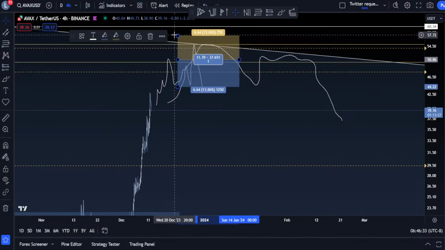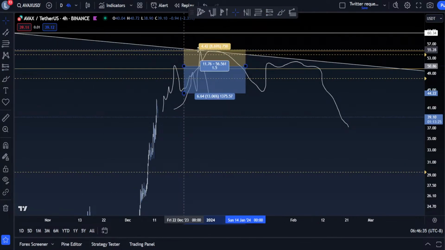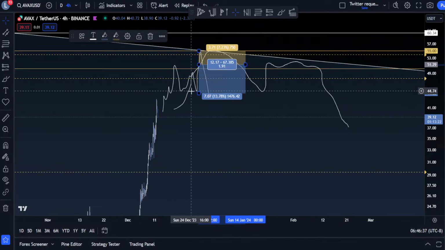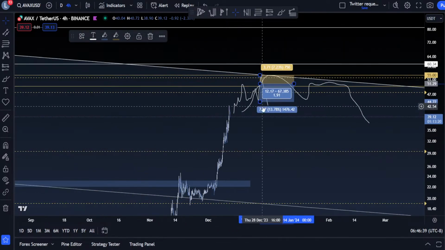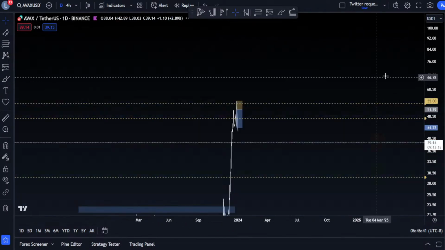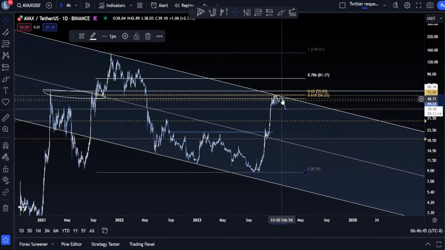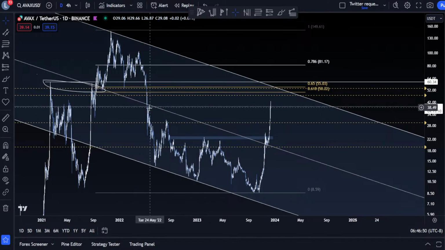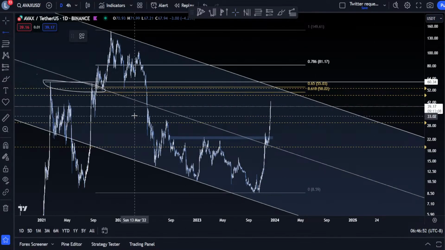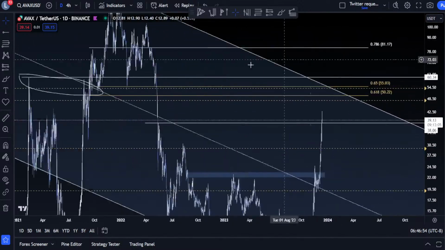Maybe look to short like a local sweep of a local high as a swing trade. But yeah, on AVAX, for shorts, for key structure to interact with, if we just break out of there, then we break out. We've kind of claimed all structure right now on the daily chart.